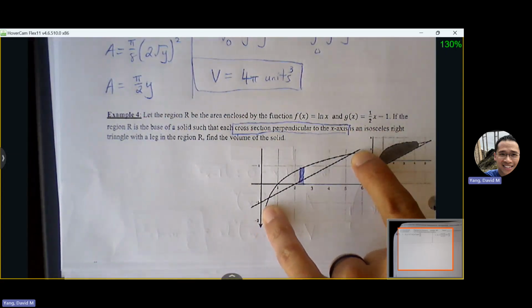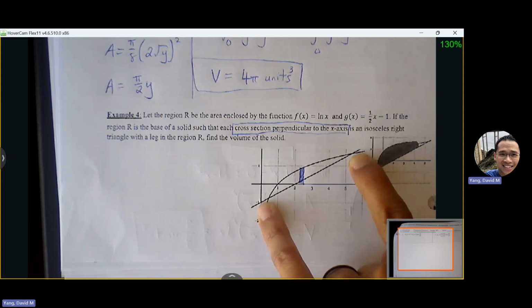So take the time to graph this in your calculator. We need to find these intersections, and the left and right intersections will be our lower and upper bound.